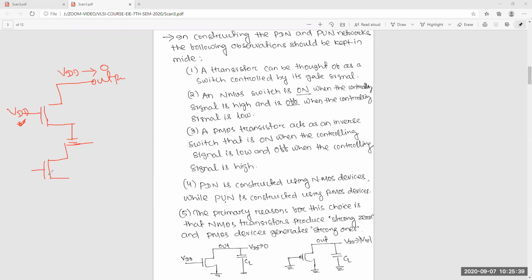Suppose there is an NMOS and a PMOS, and we give the supply as VDD. So this is the NMOS, and this is the output. You can see there is a PMOS or NMOS here.